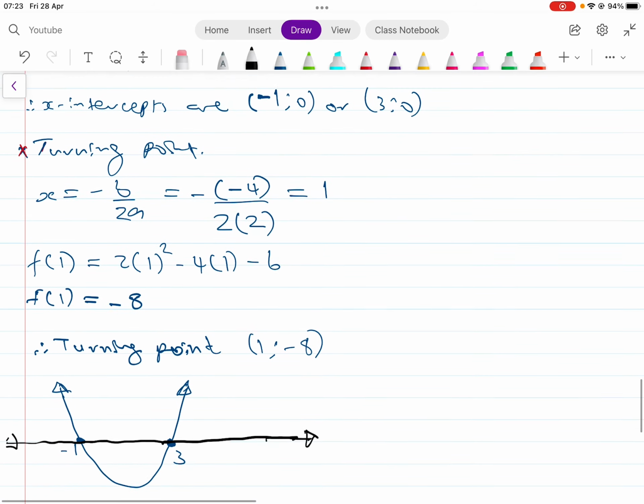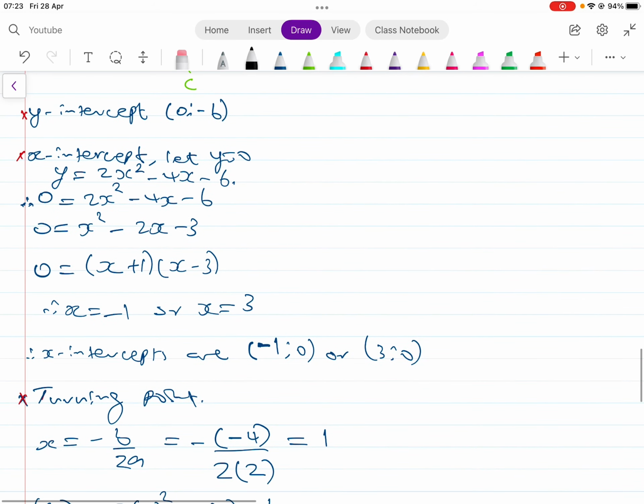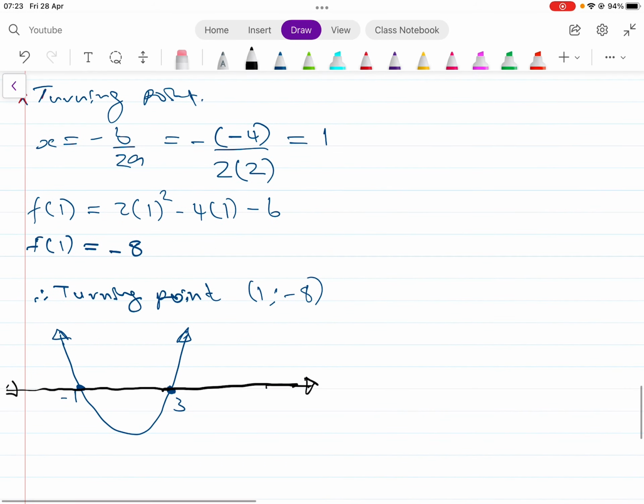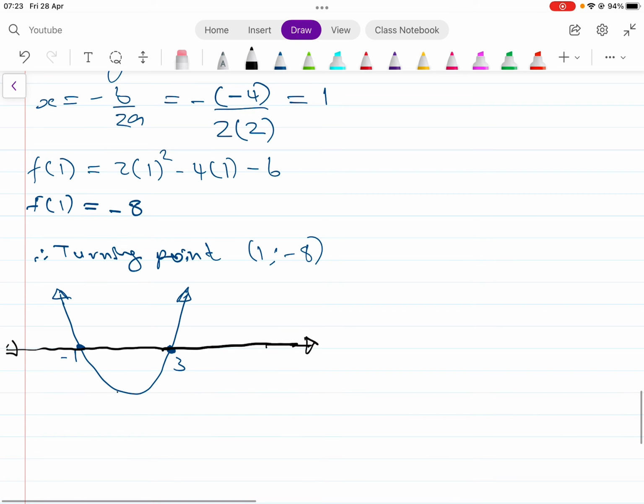And then after that you have the y-intercept, which is -6 somewhere there, and then you have -8 below that -6. So let me just try to make it make sense. Suppose this is -6, that is -8 as the turning point. So the y-intercept is going to be somewhere there.